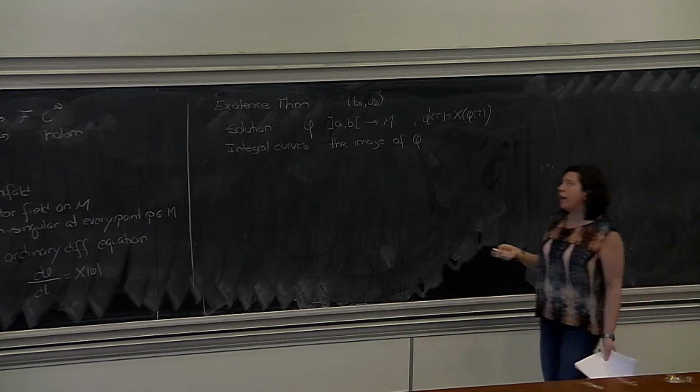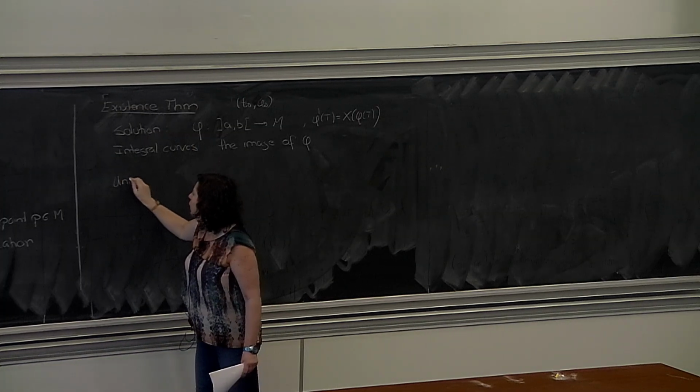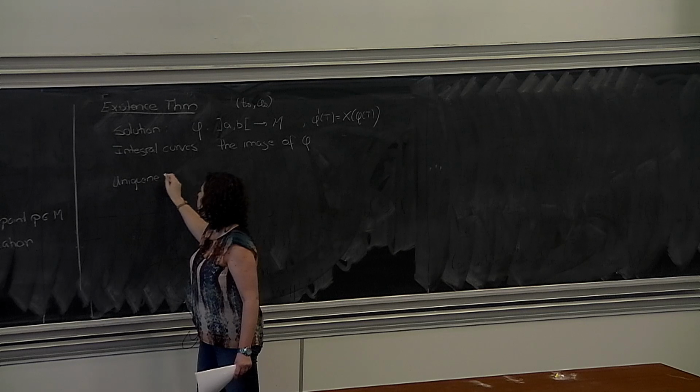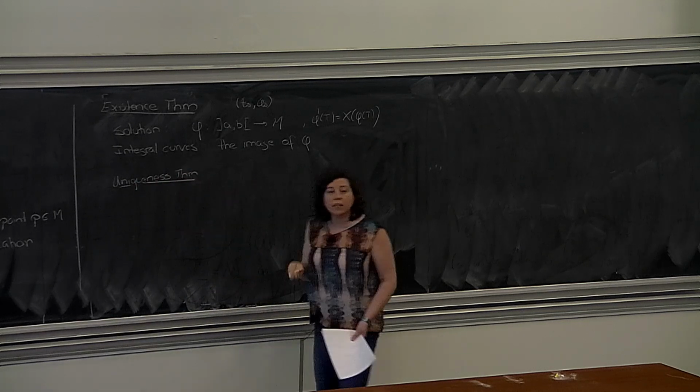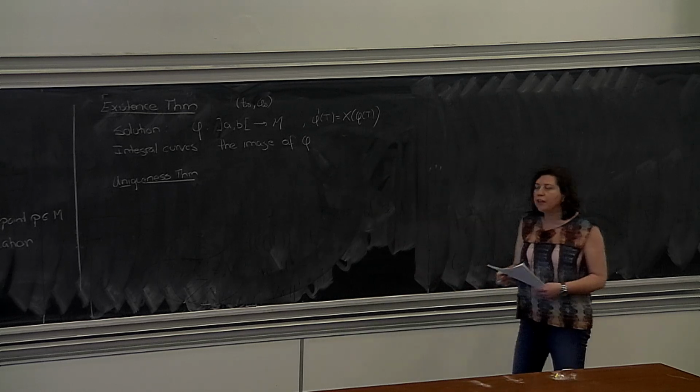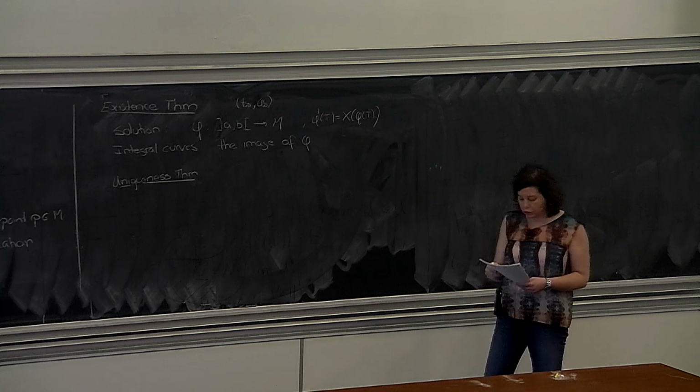And in fact, not only the existence theorem, we also have uniqueness for the solution. Which means that for every x that we fix, there passes a unique integral curve.